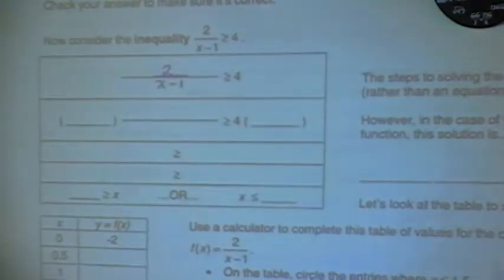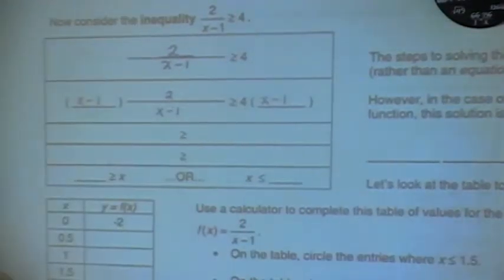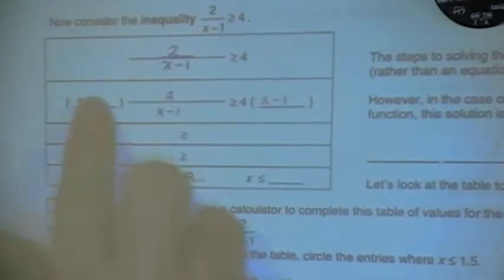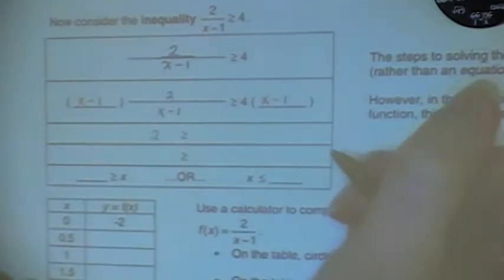So there's my inequality. 2 over x minus 1 is greater than or equal to 4. Multiply both sides by the LCD, which happens to be x minus 1. Which then we canceled the common factors, and that left 2 and 4x minus 4.